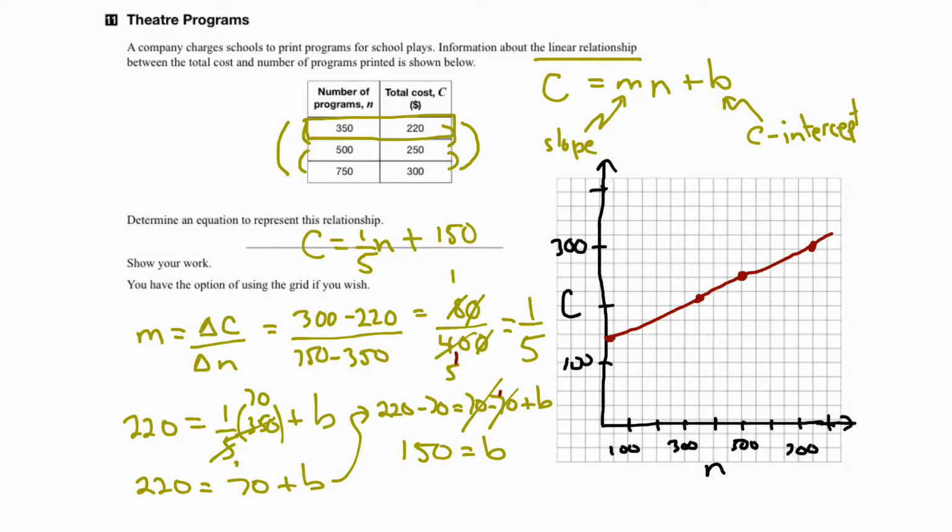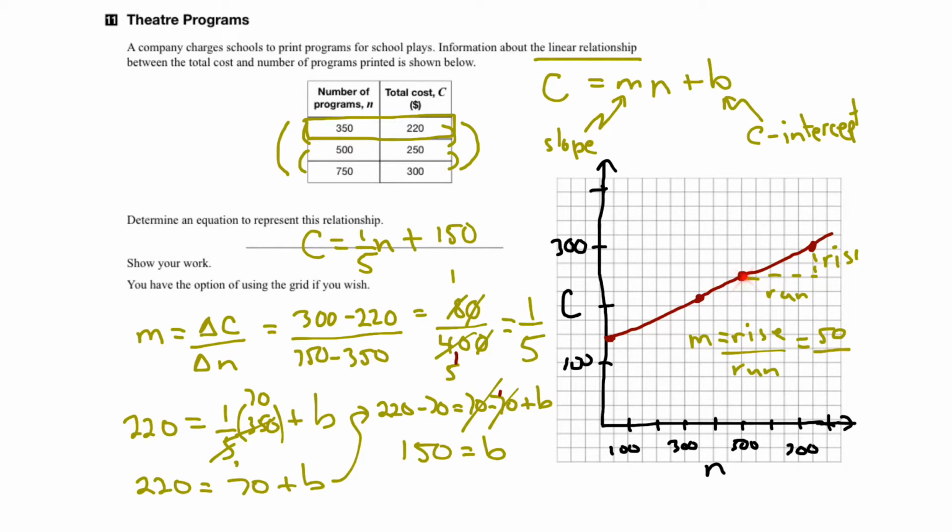Now let's confirm our value for m. We can do that graphically by looking at the rise over the run. So if you pick those 2 points there, this would be the run, and this would be the rise. And m would be rise over run. And to get from here, 250, all the way up to 300, that's a rise of 50.